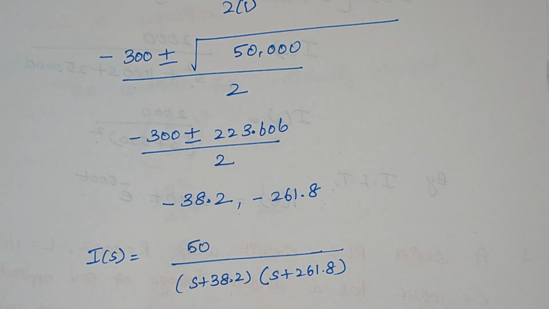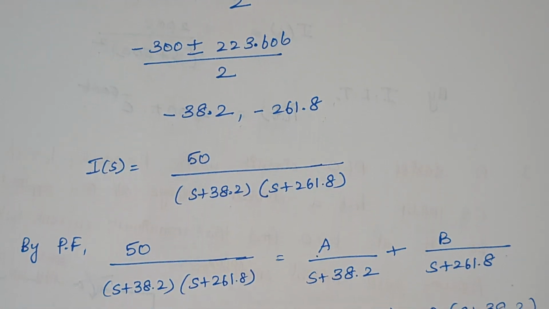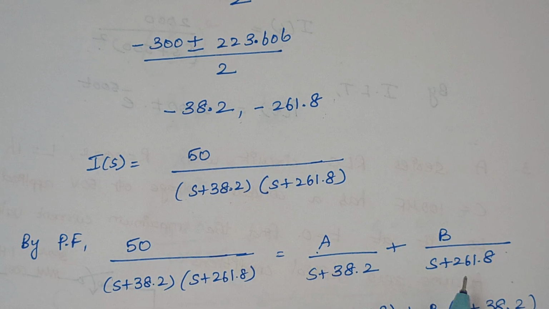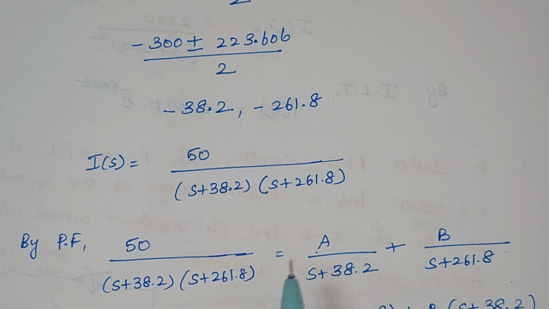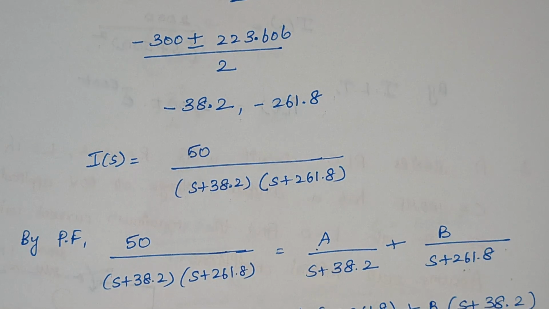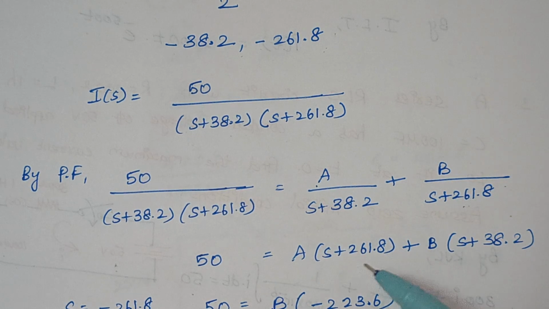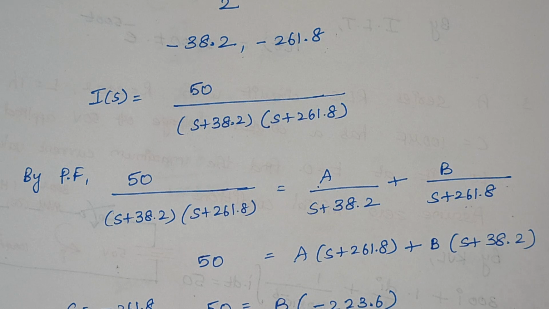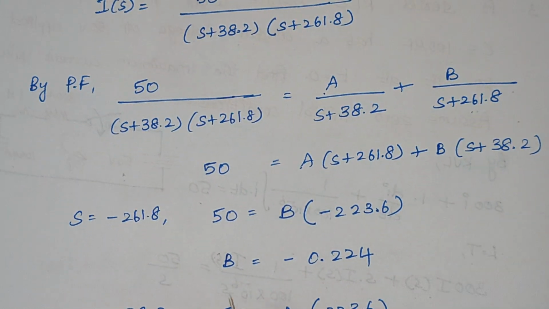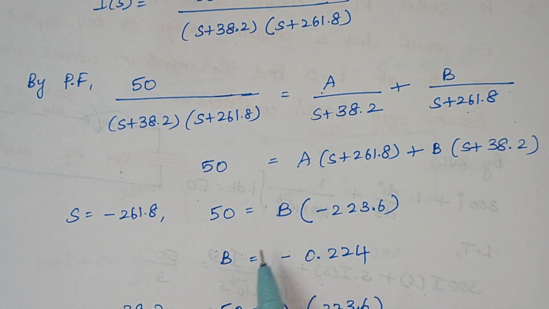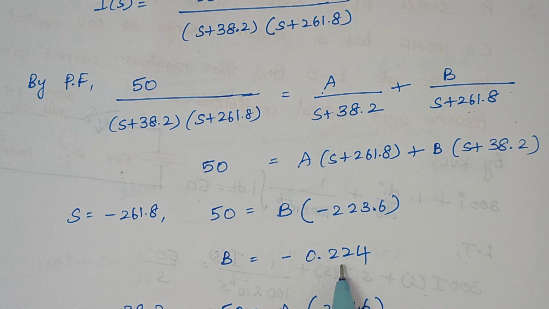Now we have to use our partial fraction. Once you apply partial fraction, since we have two denominator terms, we have to split up as two terms here. So just rewrite the expression like this and again we have to take LCM. After taking LCM, we have to find the values of A and B. When you substitute the value of s as minus 261.8, A becomes 0 and finally the value of B is minus 0.224.